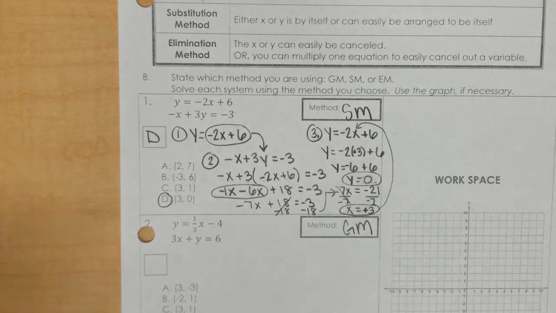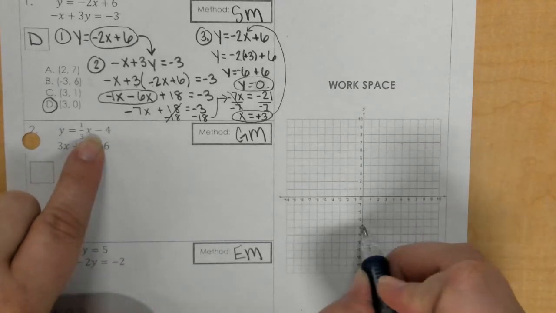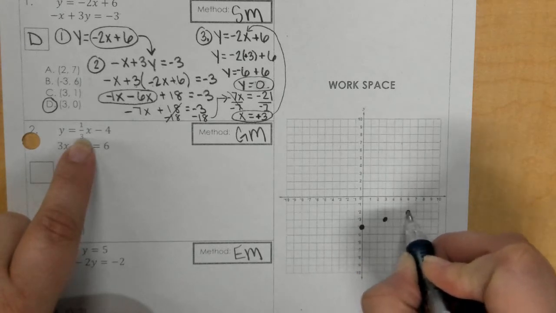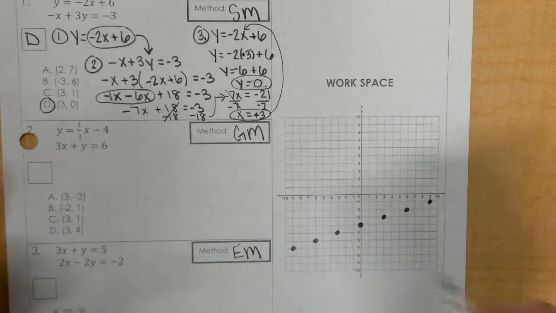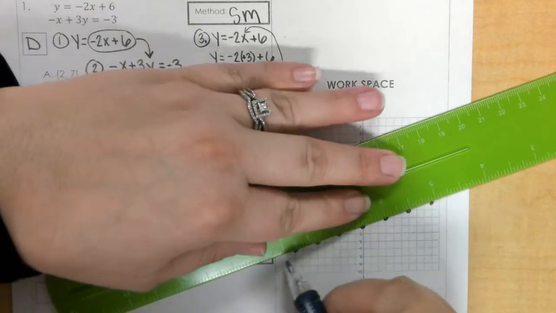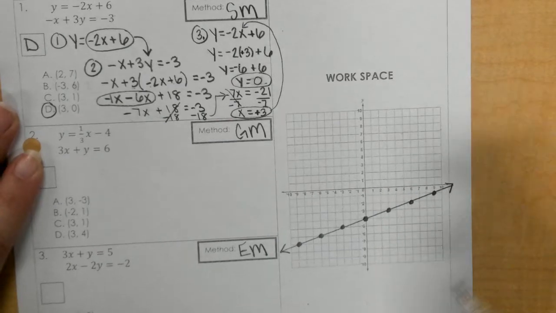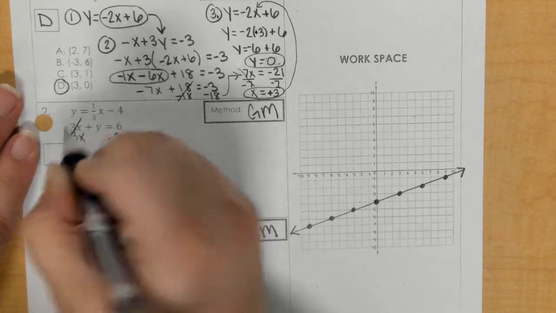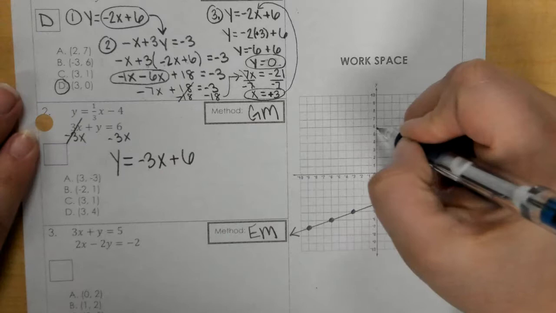Alright, number 2, I'm going to graph that. So y equals 1/3 x minus 4. So starting at negative 4, go up 1, right 3. Okay. And then here we're going to subtract that 3x and get y equals negative 3x plus 6.